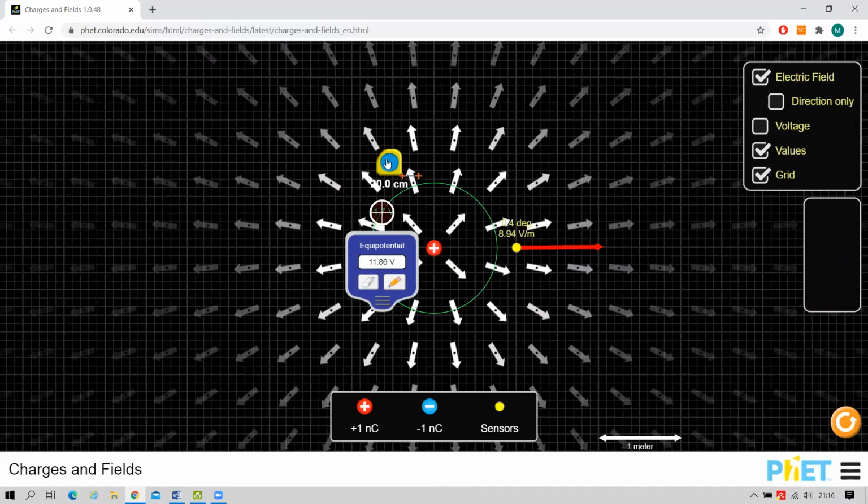This is the measure tape. It measures the distance between these two orange crossbars.